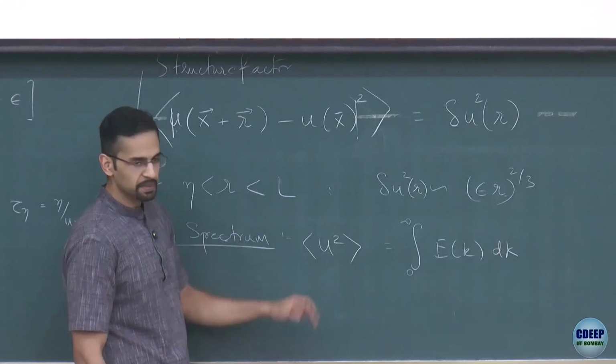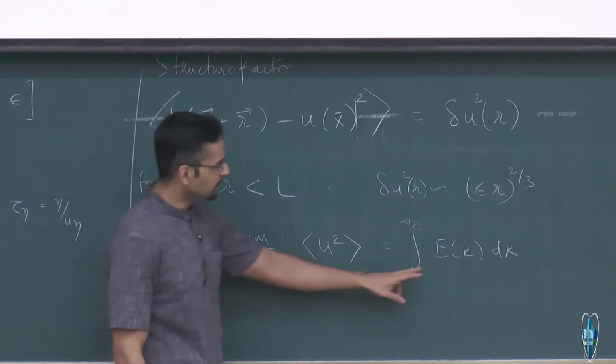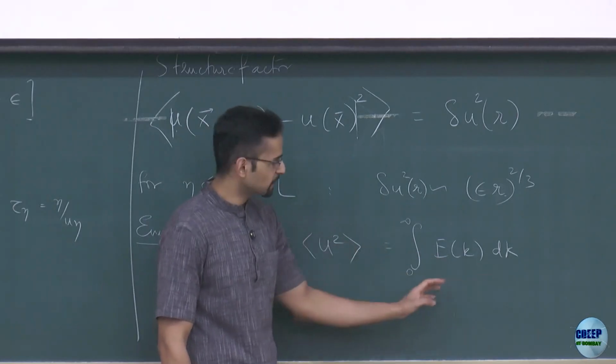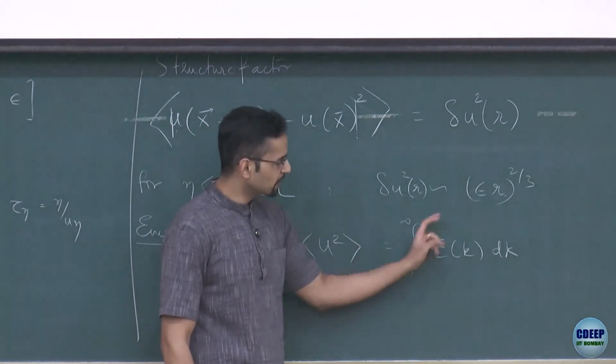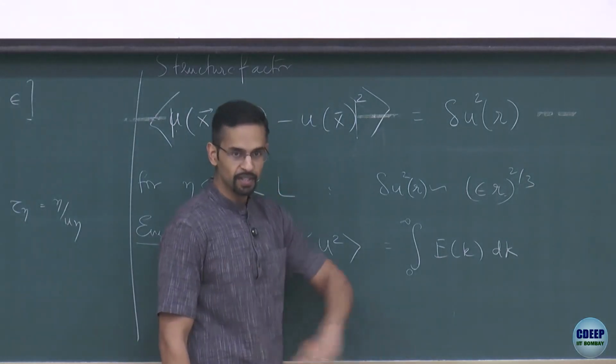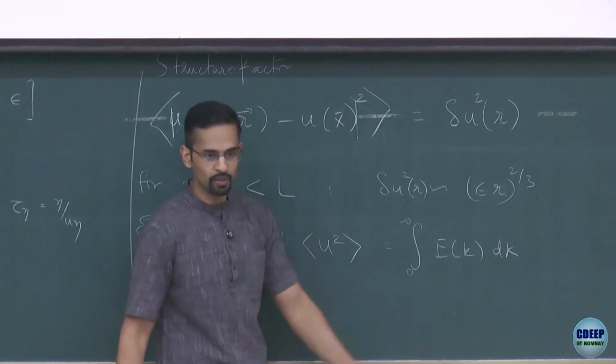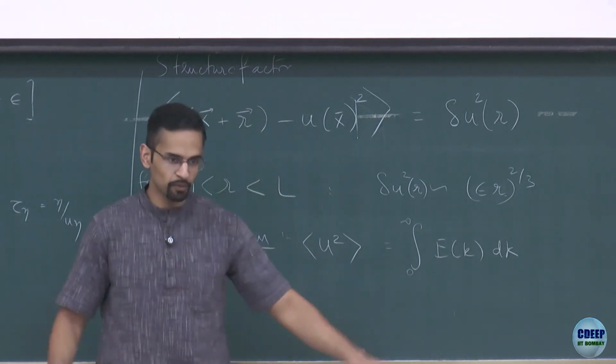In principle, I'm saying that if I have a given flow, the mean kinetic energy can be decomposed into Fourier modes such that E of k is a spectrum. It's, if you like, the energy content of different wave numbers. If I integrate over wave number space, I get the total energy. So you decompose the total energy in space among Fourier modes.